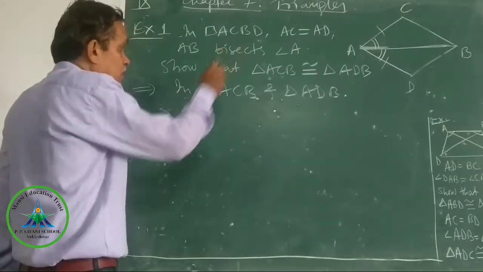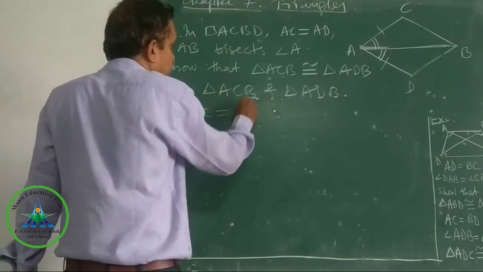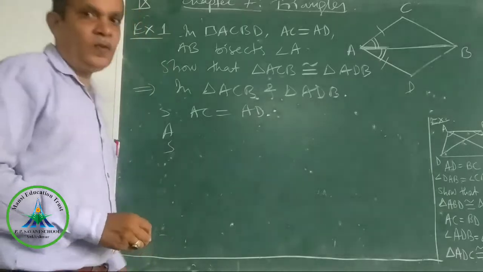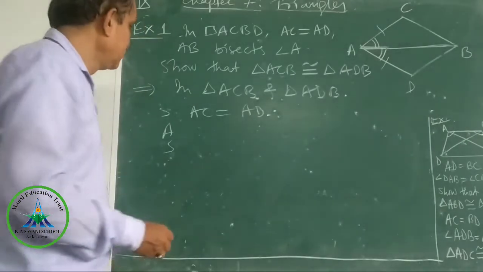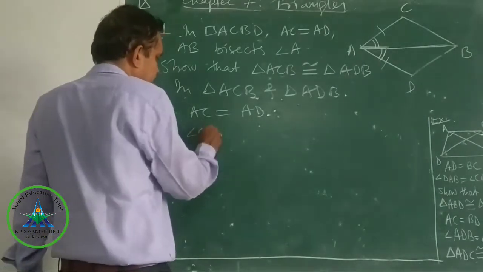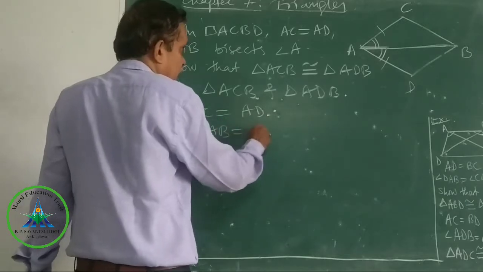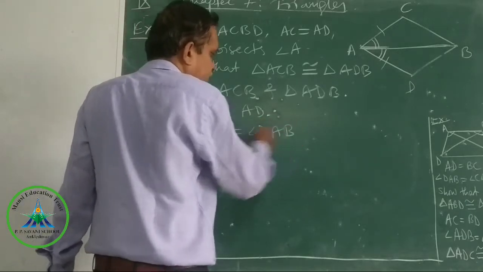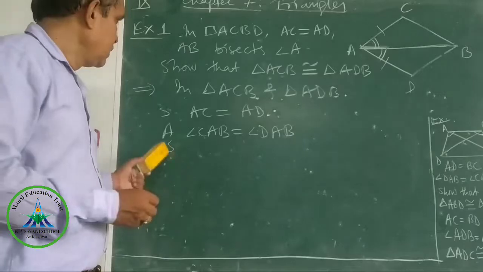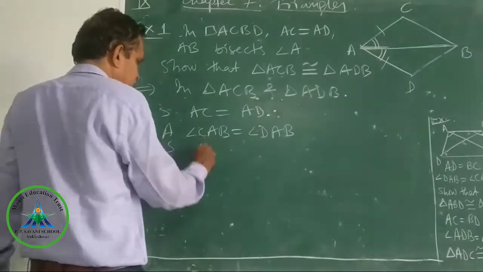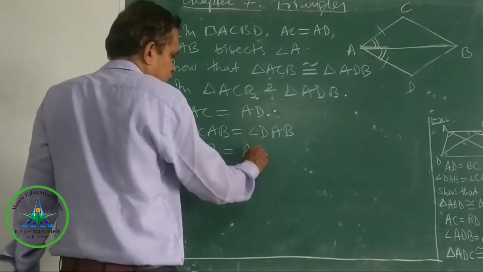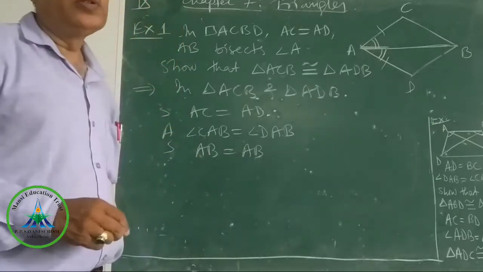Which side? AC equal to AD. Which angle? Angle CAB equal to angle DAB. And side AB equal to AB. We have to give support.